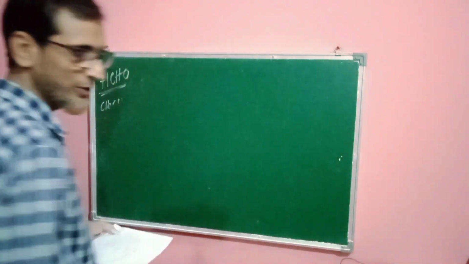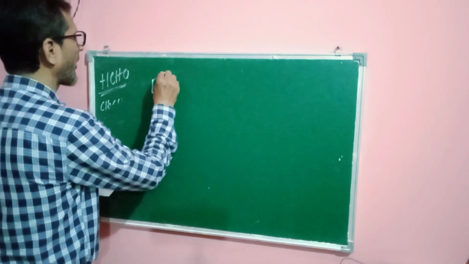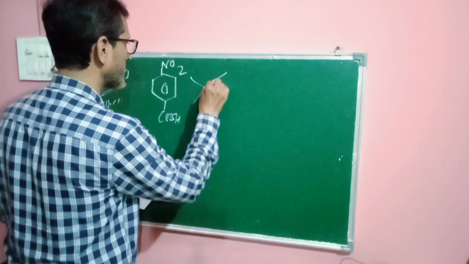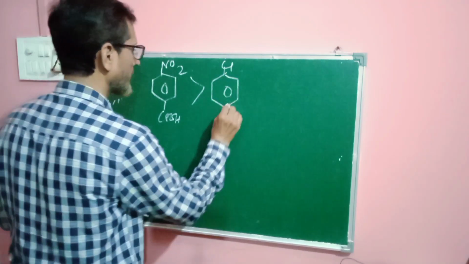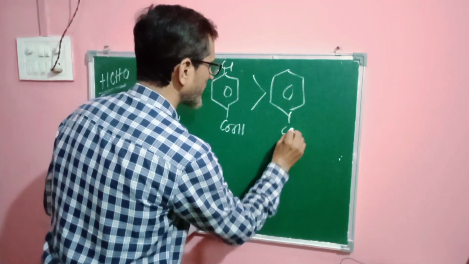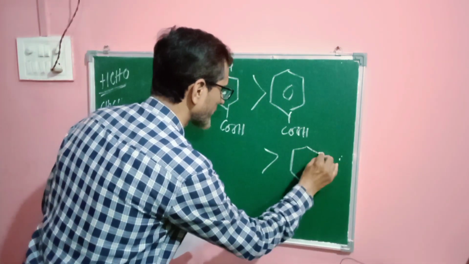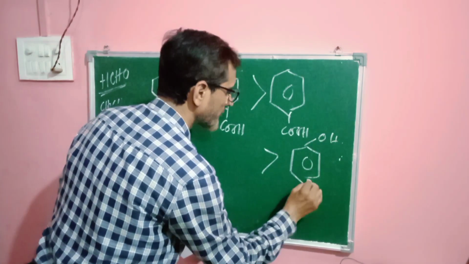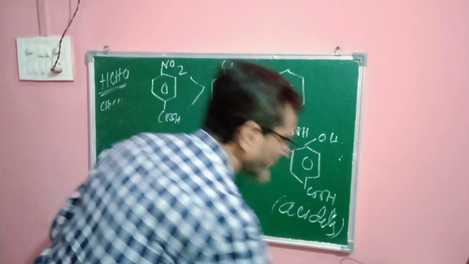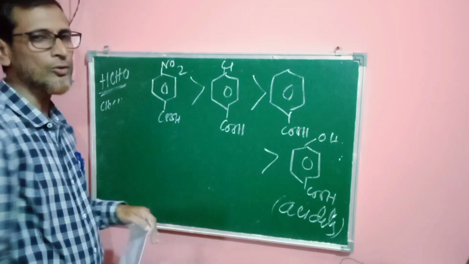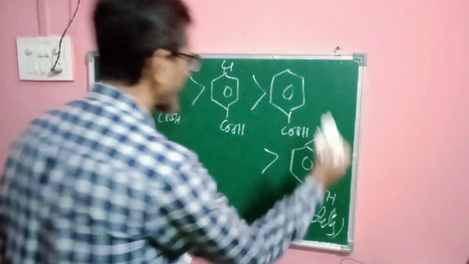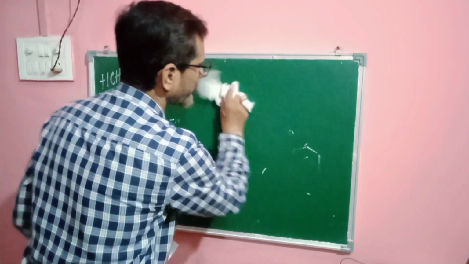Last part of today's class, very important thing you see. I will explain it. Please try to understand. This is a very tricky question. Acidity, order of acidity. Most of you cannot explain. I will first explain, not in today's class, some of the facts about ortho, para and meta effect, and then you yourself can solve all the problems. Otherwise you will be confused a lot. You can't explain the acidity.